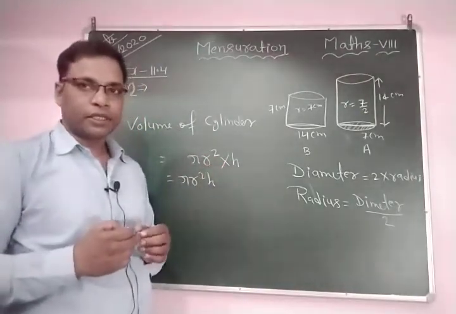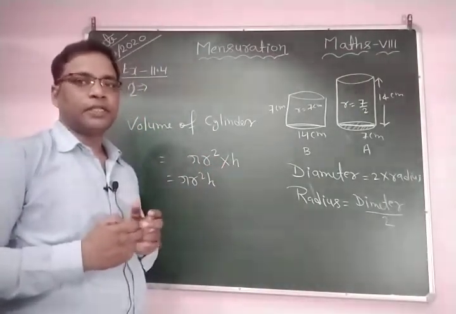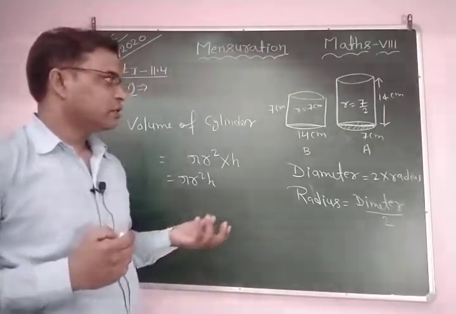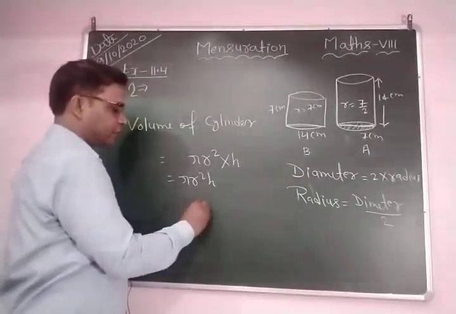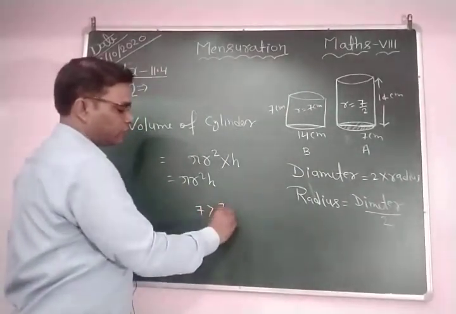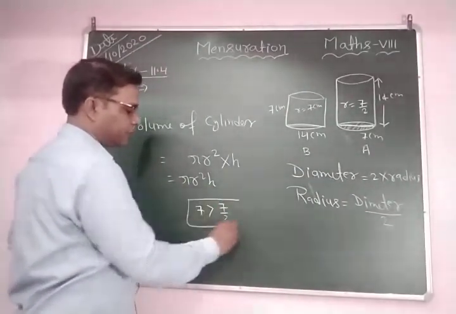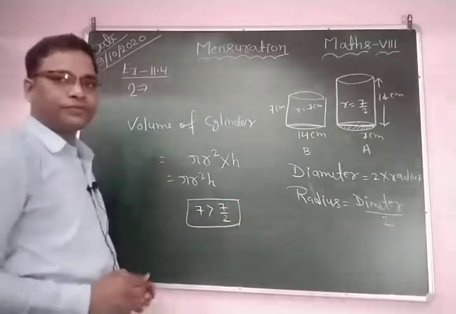So here you can see r square. It means that if the radius is greater, then the volume is greater. So which radius is greater? You know very well, 7 is greater than 7 by 2.